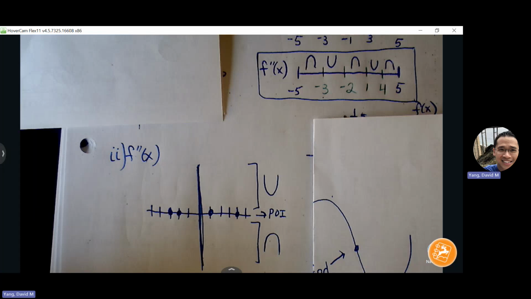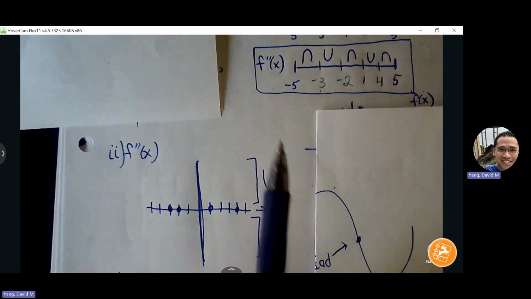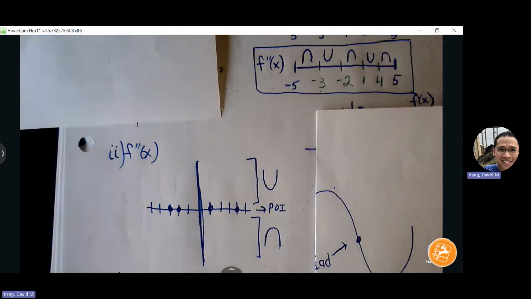Not put partial points. 1, 2, 3, 4. I did. But I'm not plotting that point, right? That 5 is not an x-intercept. But I did get that marking there. So where do we want our graph to start? It needs to be above or below. Below. But it's got to reach this point, right?